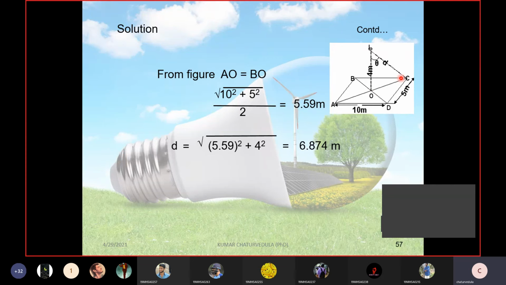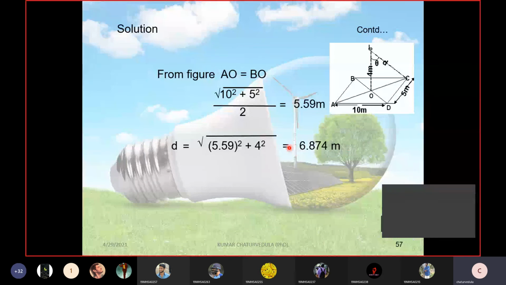Once you know this value, we are assuming the triangle here. So d is equal to root of side square plus side square, so 5.59 whole square plus 4 square, which is nothing but 6.874.